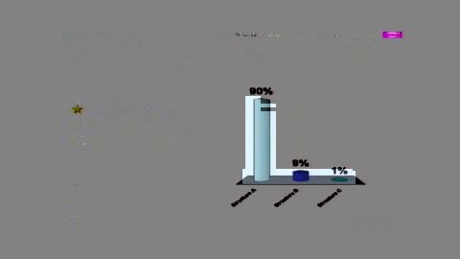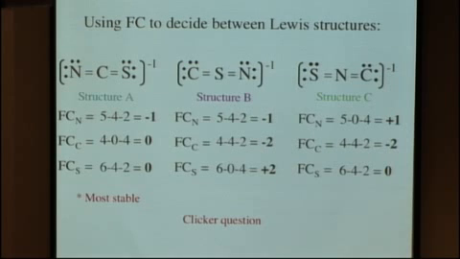Okay, great. So let's go back to our notes here. And the reason that this should be so fast is we already did all the calculations for the formal charges. So what we see is that structure A is the most stable because we have the least separation of charge in the case of structure A.